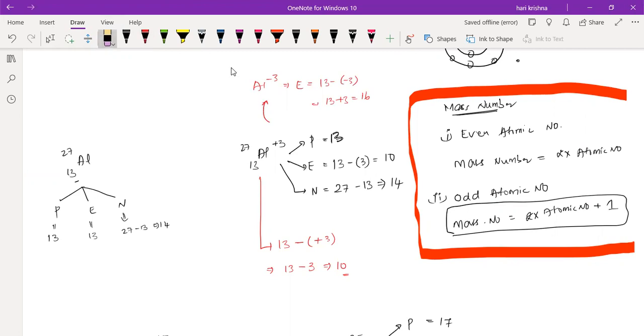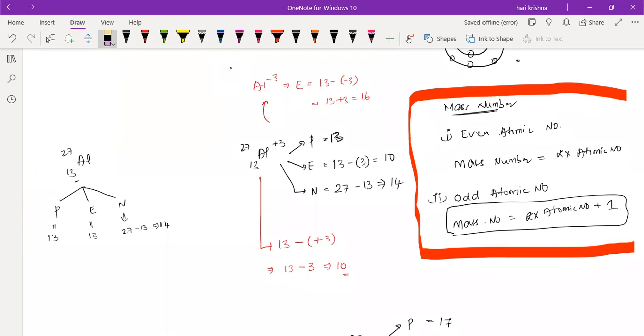Yes, sir. Actually, for the first 1 to 20 elements, we have to take the last shell as 8, right? The third shell. But if it is greater than 21, how do we find the valency of it?